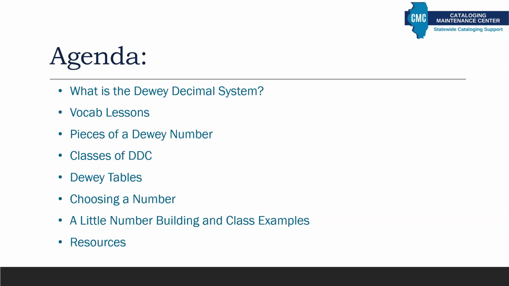We're going to talk the basics of number building in Web Dewey and some class examples, and we'll finish up with our resources. As an FYI, a good deal of this was created based on the technical introduction to Dewey created by OCLC as part of the longer Dewey Decimal Classification training. You can find a link to that training on the resources slide.